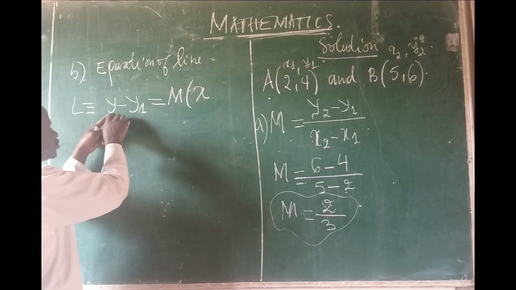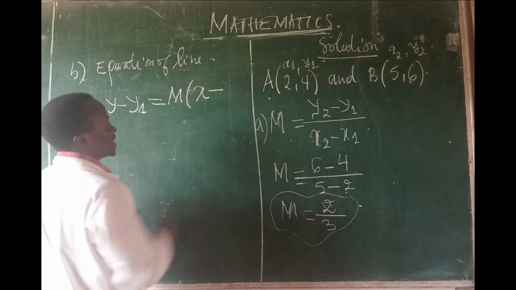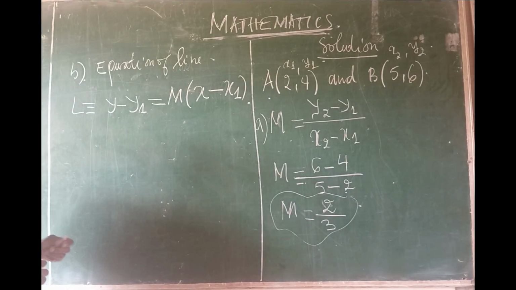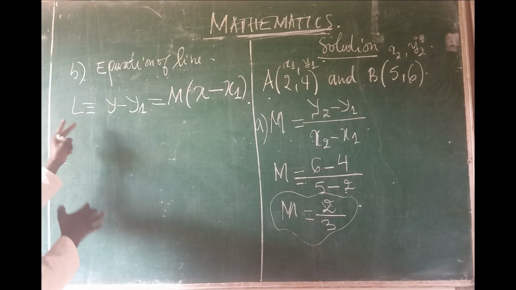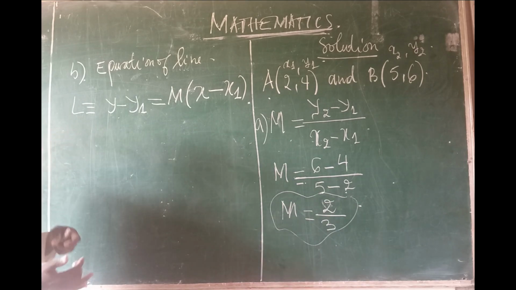We don't need to substitute this y and this x. They are both constant variables. Minus x1, close the bracket. So this is the formula for the equation of a line.